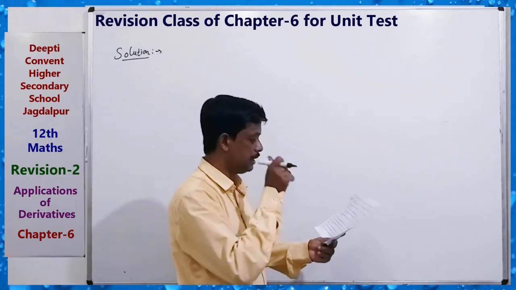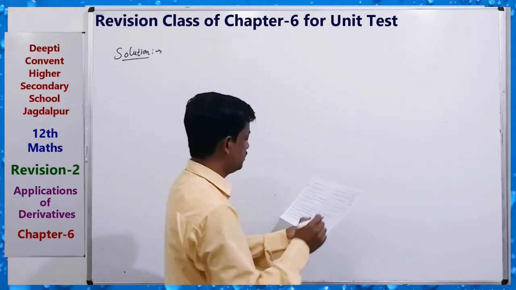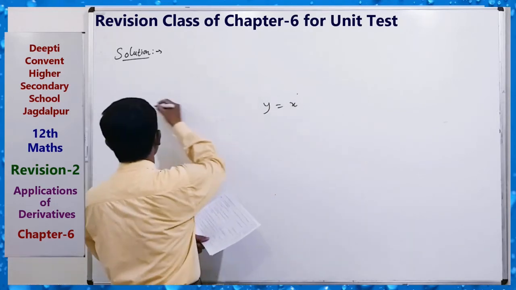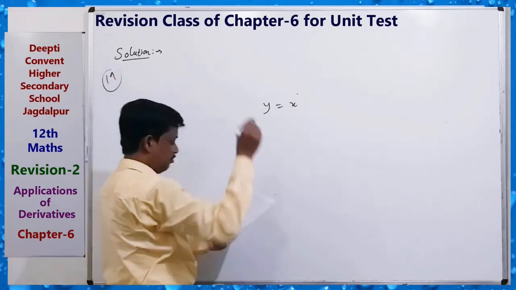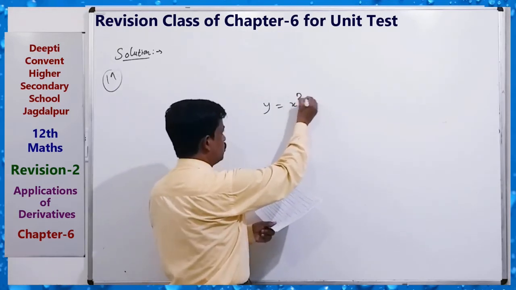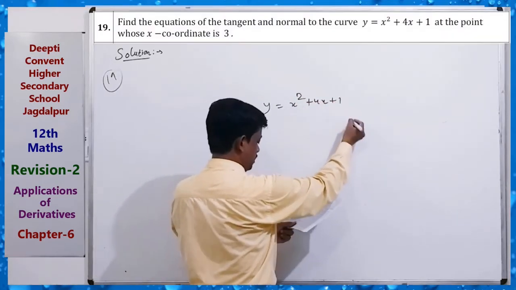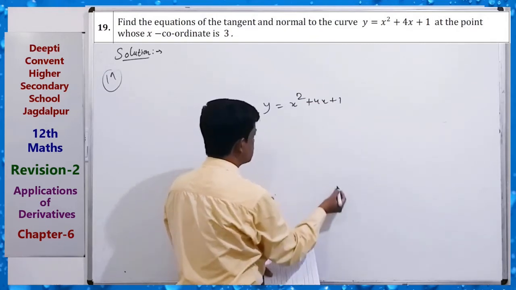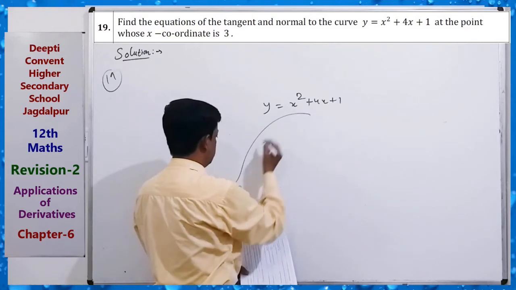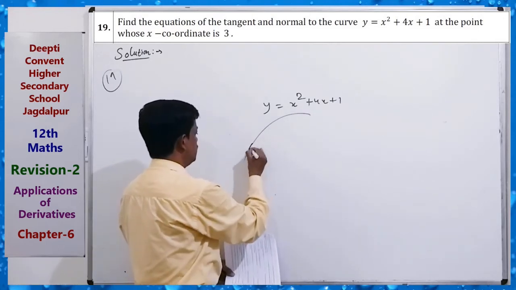For question 19, the curve is given: y equals to x power 2 plus 4x plus 1. Suppose this curve is this. Okay, this is the curve.